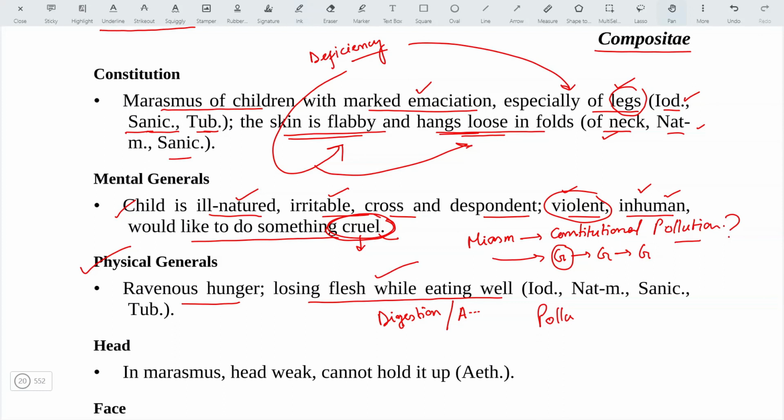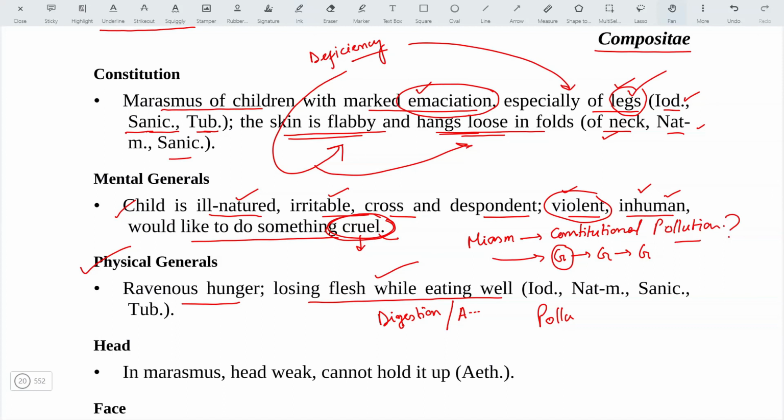So see, Abrotanum patients are getting enough food, but due to some miasmatic background or other reasons, the patient cannot assimilate, and that is the reason he or she is losing protein and energies, because of which there is emaciation. And the peculiarity is that the emaciation is over the legs, and the skin is flabby and hangs loose in folds.